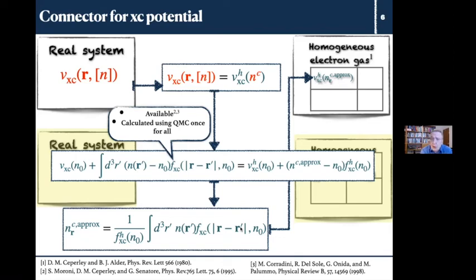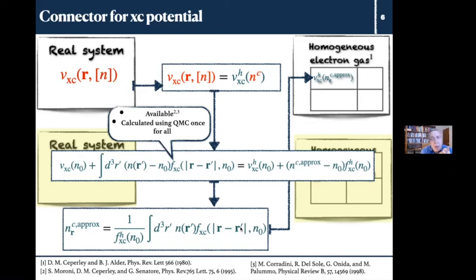Would it be fair to summarize the connector method as a way of folding additional exact information about some functional, in this case, VXC of n, into an existing functional approximation, while not losing the benefits of the original approximation? So in this case, if I understand correctly, you're folding information about the exact or the near exact FXC into the LDA. Exactly. Yes.